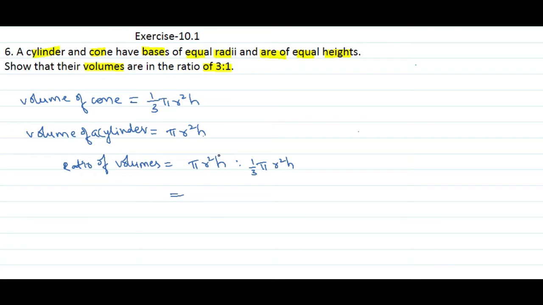Here we can cancel the pi r square h. So here we are getting 1 is to 1/3. Now 1 is nothing but 1/1. So take the product: 1 into 3 is 3, and 1 into 1 is 1. So the ratio of the volumes is in the ratio 3:1.